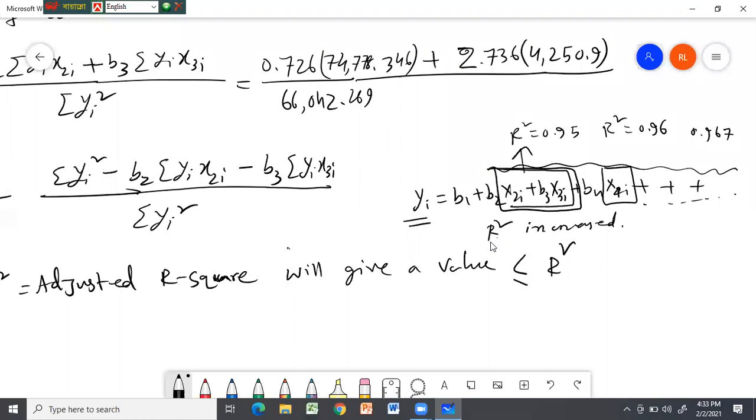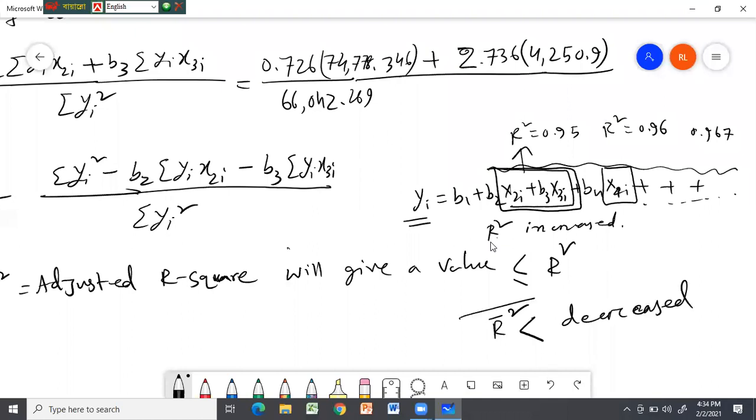On the other side, in contrast, when you are adding more explanatory variables, the adjusted R square value, R bar square, will be decreased.